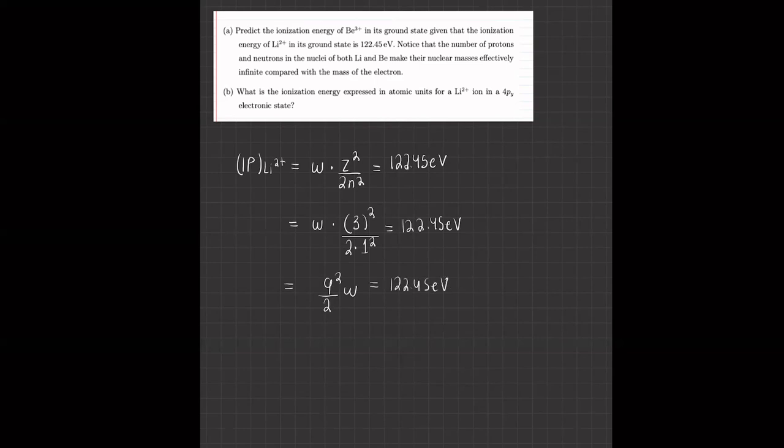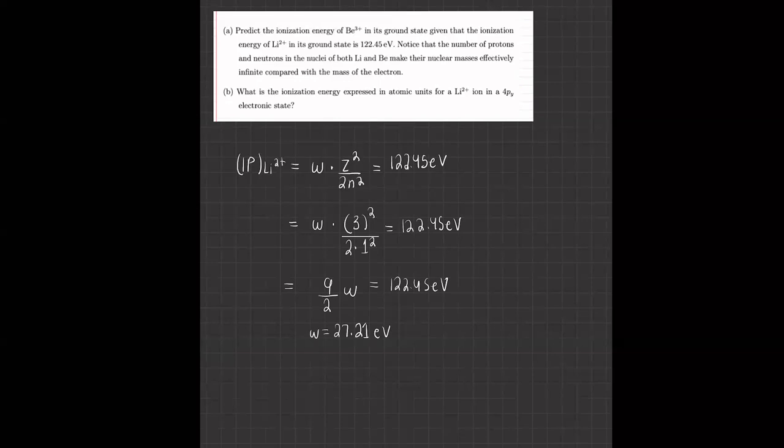After multiplying by 2 over 9, you get that W is equal to 27.21 electron volts.